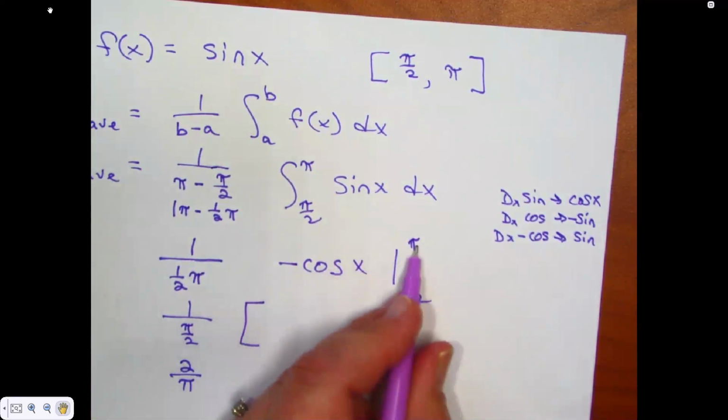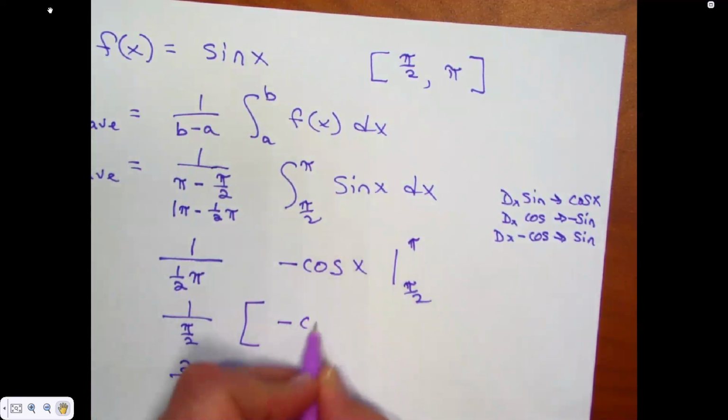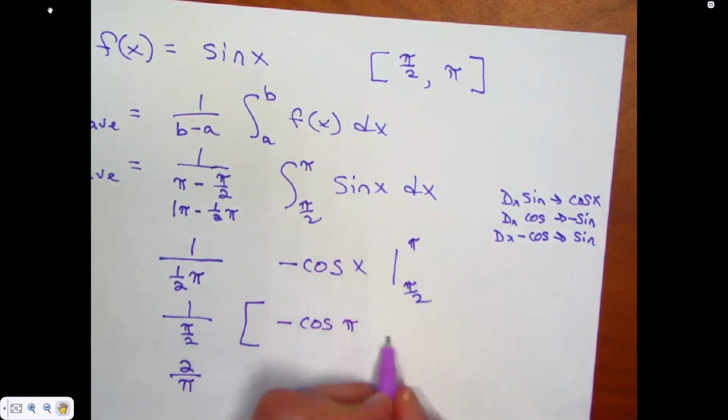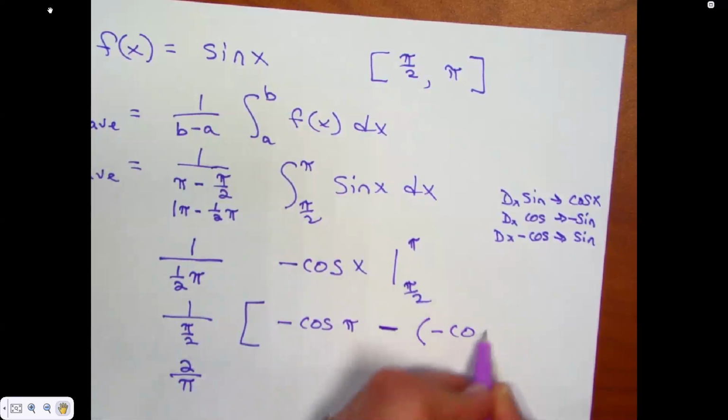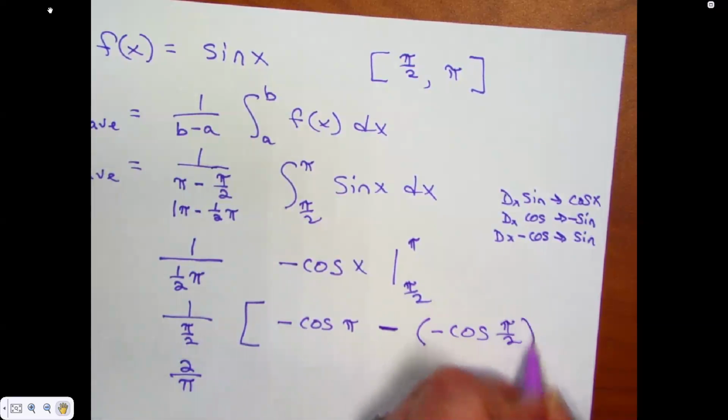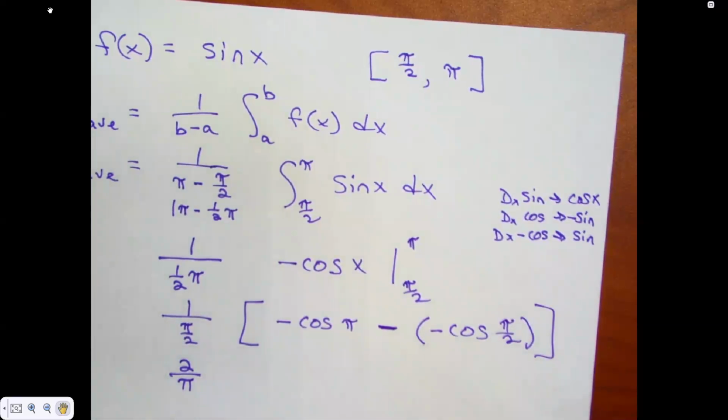So the integral is negative cosine, and then we're going from pi over 2 to pi. All right, so we plug in pi, so negative cosine of pi, and then just be careful, minus, and then negative cosine of pi over 2. These brackets are just because when we're done, we still have to take into consideration 2 divided by pi.